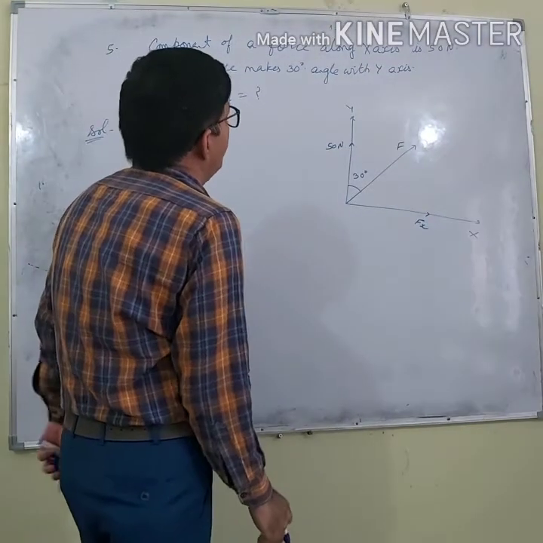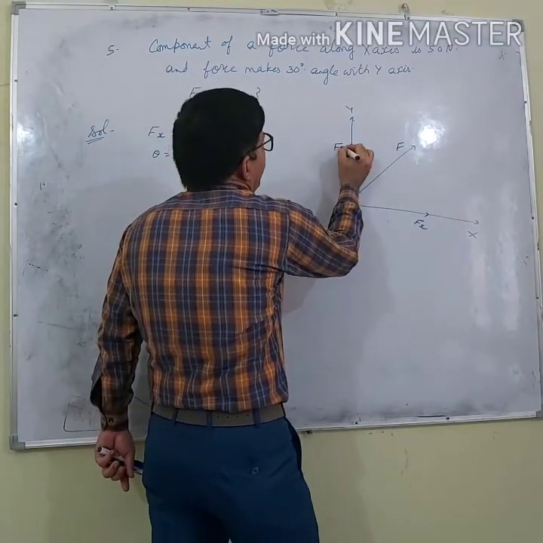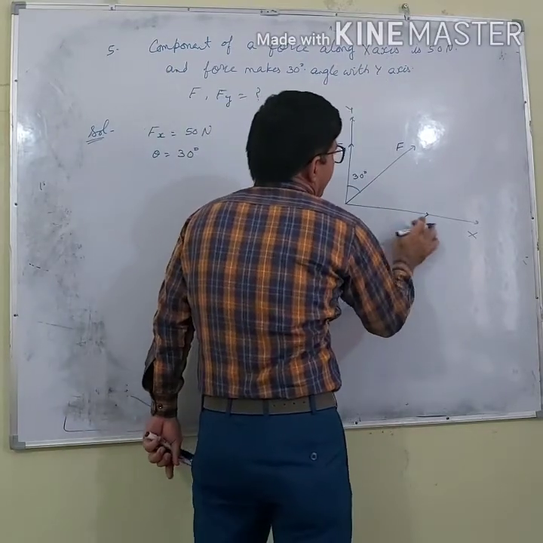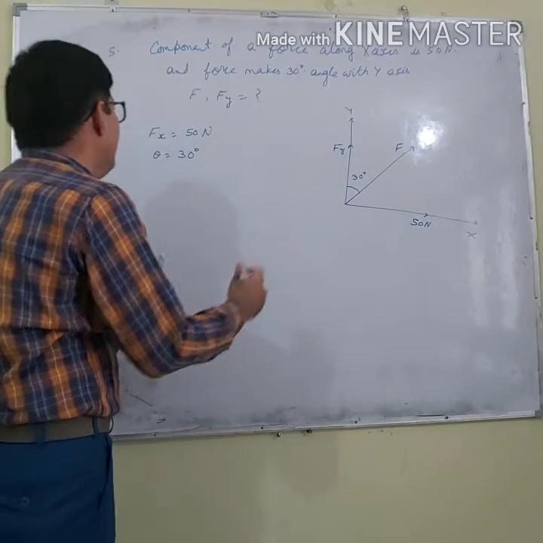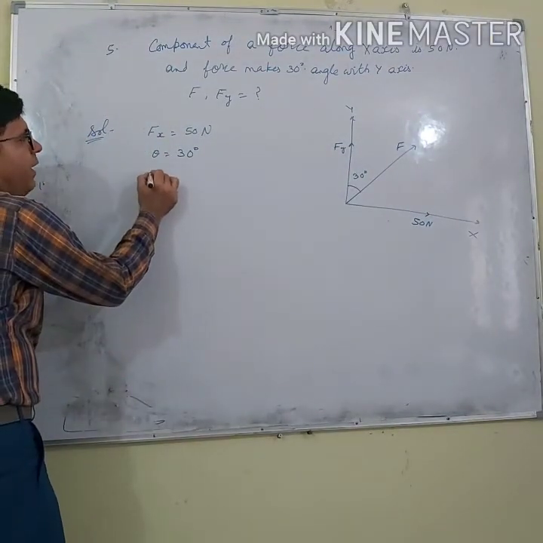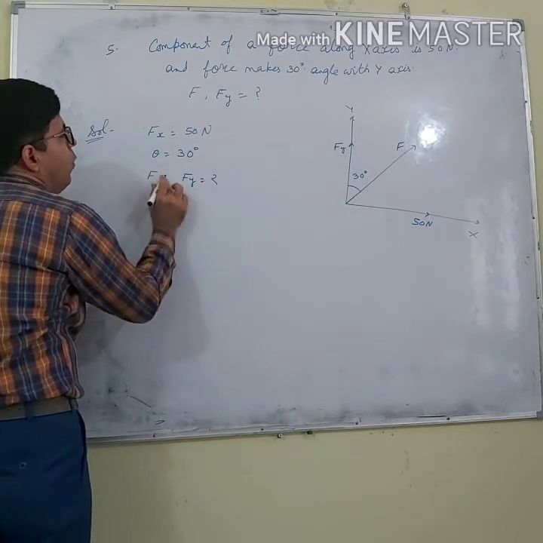Oh, there is a little problem. So this component is Fy, and you are given the component of the force along x-axis. Theta is 30 degree. I have to find the total force and the component along y-axis.